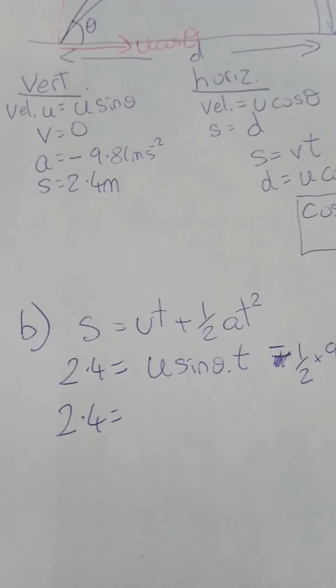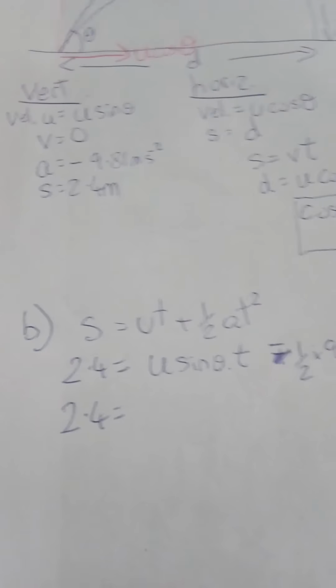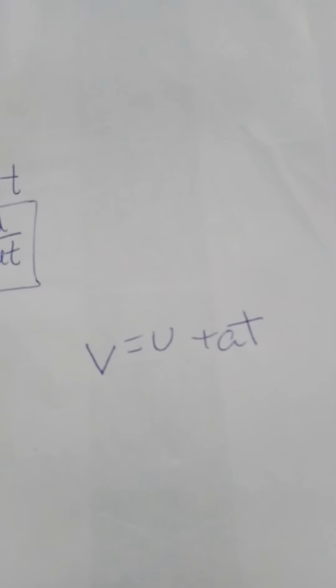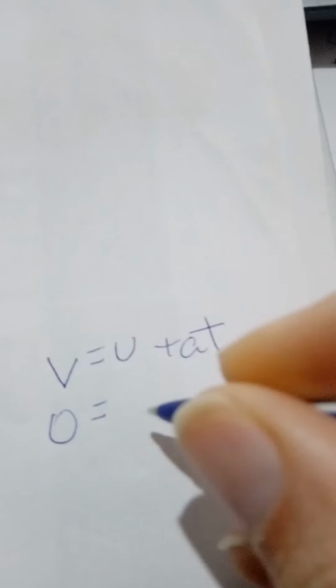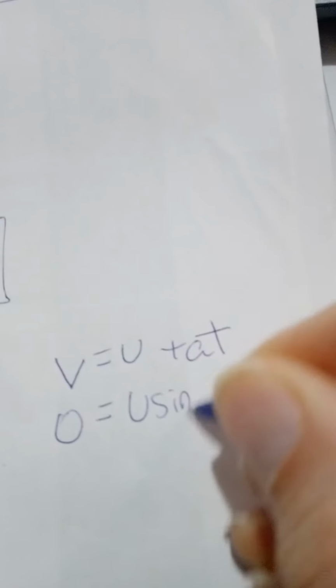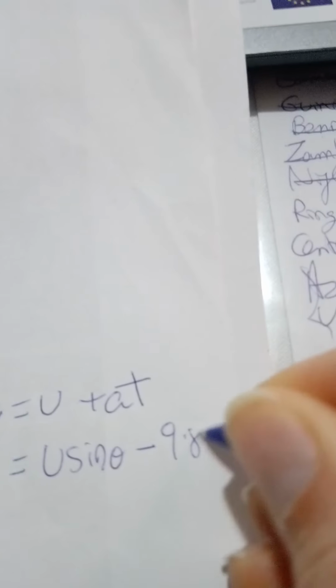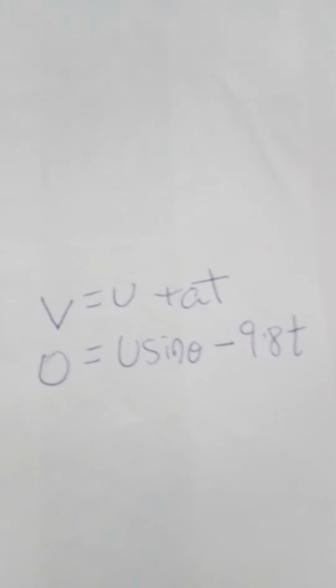To work that out, I need something else, because here I need v equals u plus at, because I need to write out what u sine theta is. Final velocity is 0. Initial is u sine theta, at is minus 9.81 t, and from there we can get what u sine theta is.